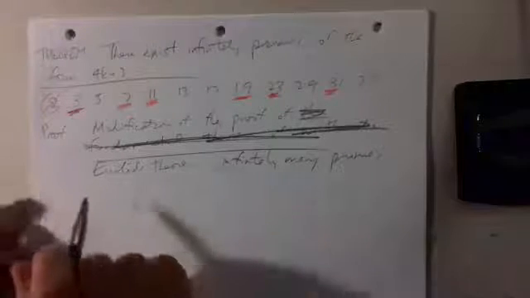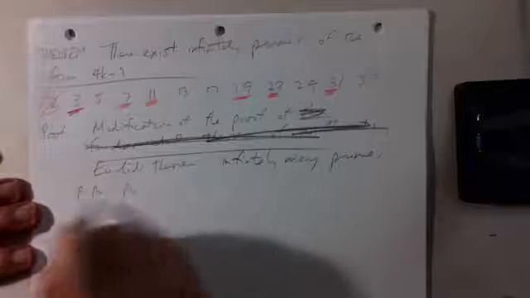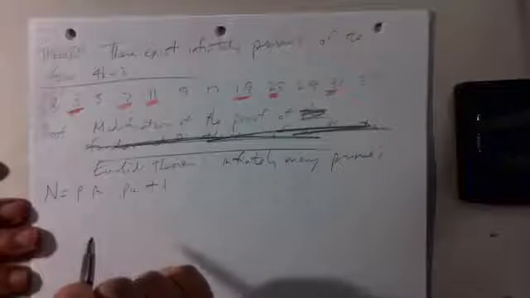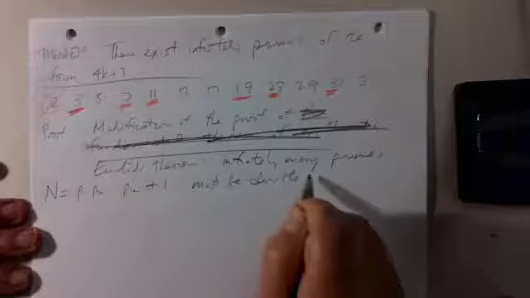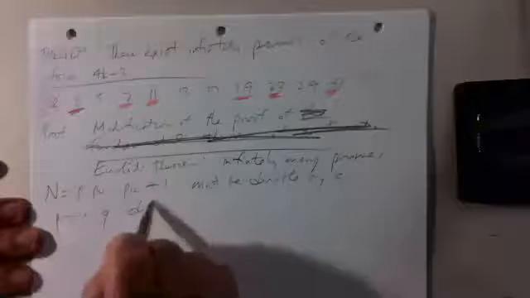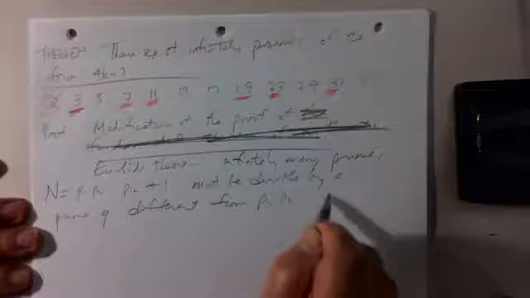The way we proved Euclid's theorem was: if we take a finite collection of primes, P1, P2, up to Pk, and we multiply them together and add 1, we have a number n, and n must be divisible by a prime q different from P1, P2, up to Pk.